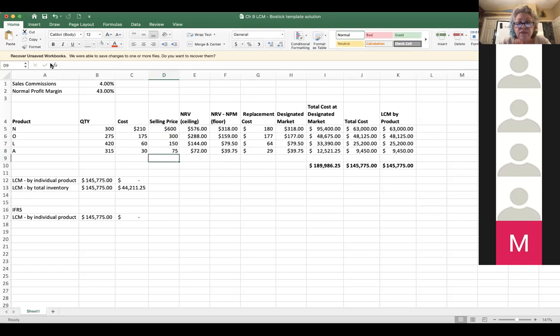So I changed the selling prices on all of these. You got it exactly equal. It went null because your LCM by product and your total costs are exactly the same. That's why that just went null.